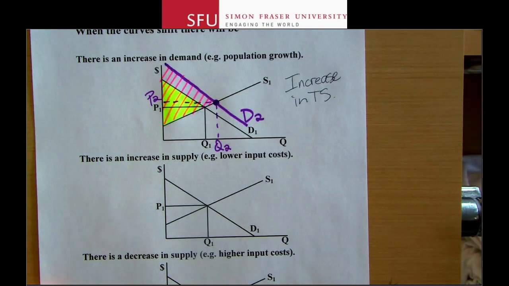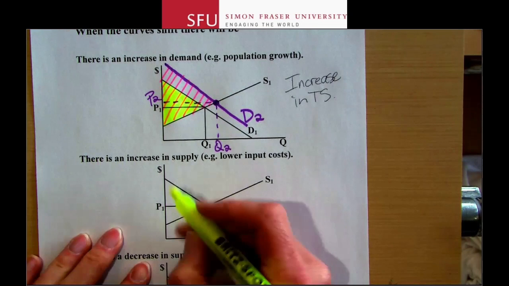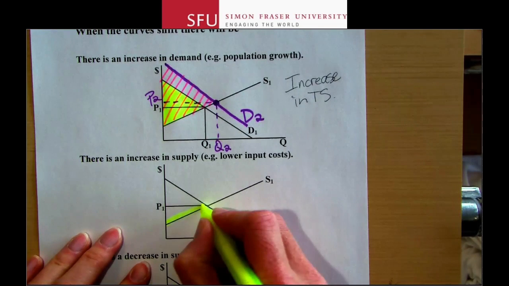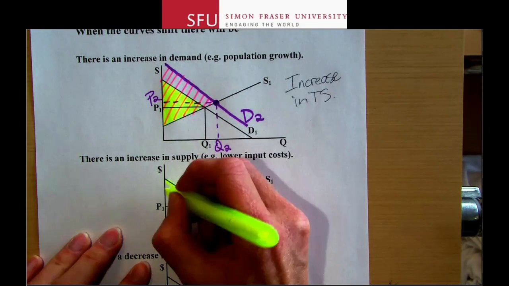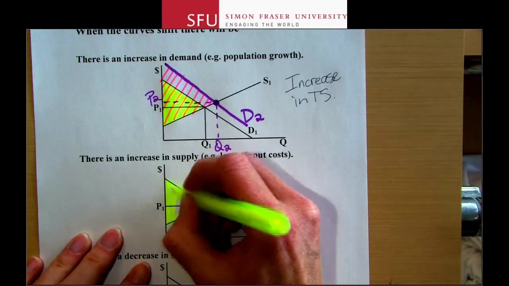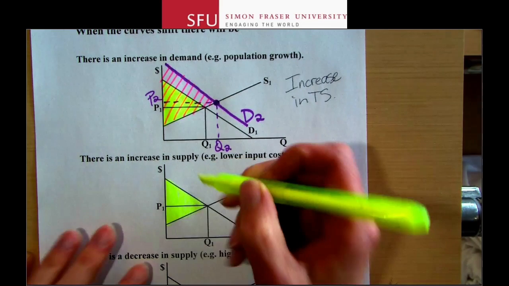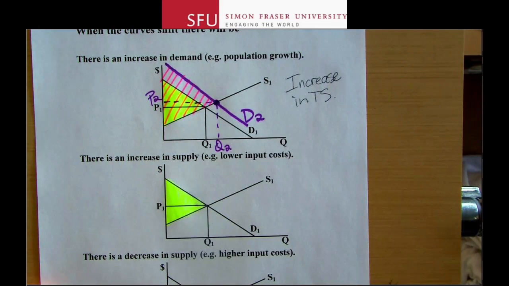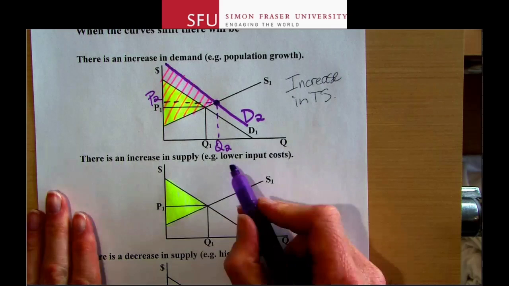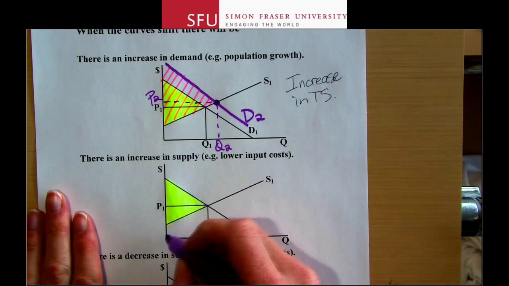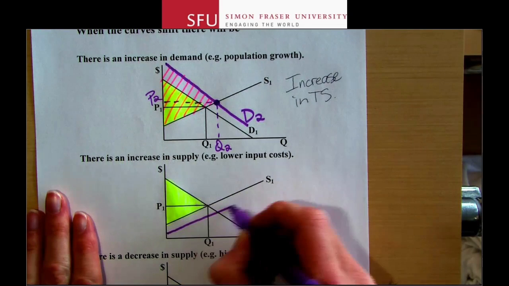Okay, next one. So again, I'll start by coloring in the surplus right now. And then increase in supply, for example, lower input costs. Okay, so supply shifts to the right.